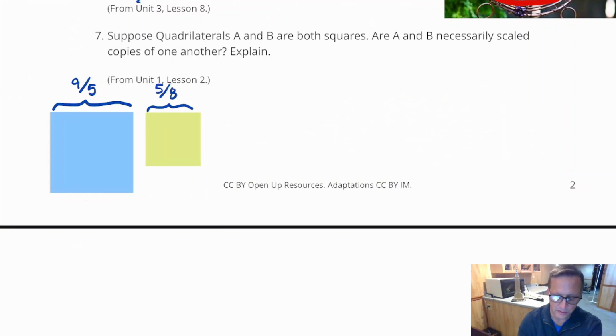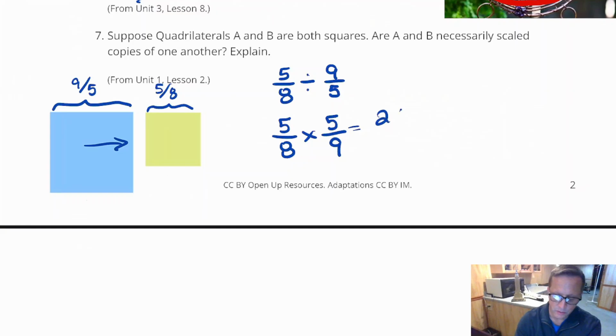I don't know if that's the greatest to use, and those numbers don't look very similar, however, you can still figure out the scale factor. All I have to do is 5/8 divided by 9/5. I can figure out what the scale factor is from the blue to the green square. So I just do 5/8 times 5/9, and I get 25/72. Kind of an ugly ratio there.